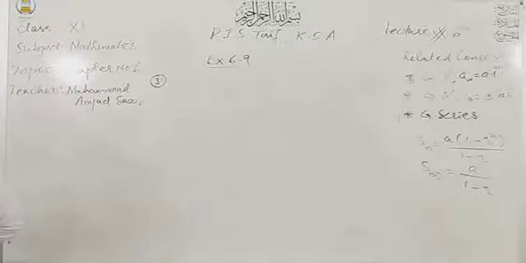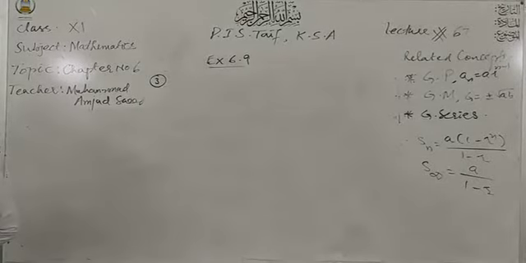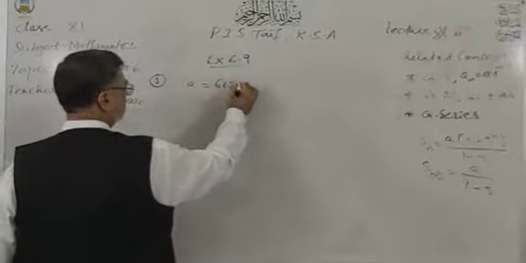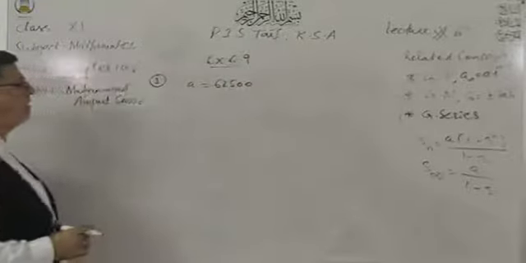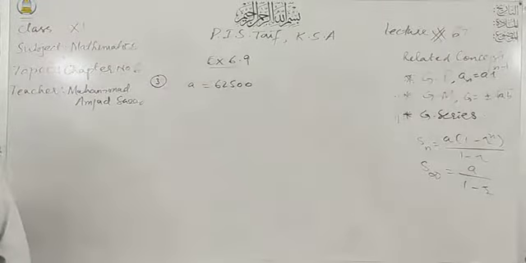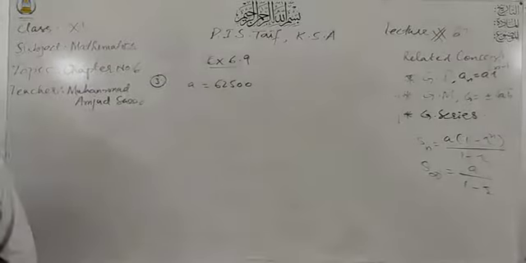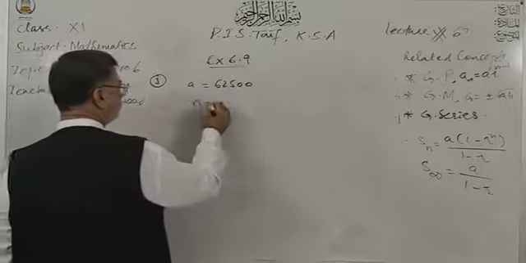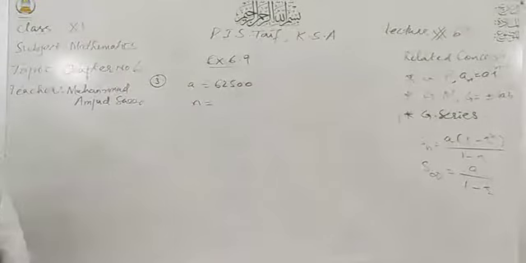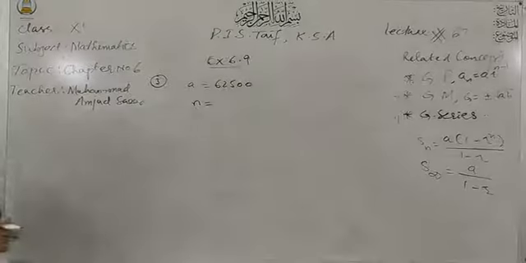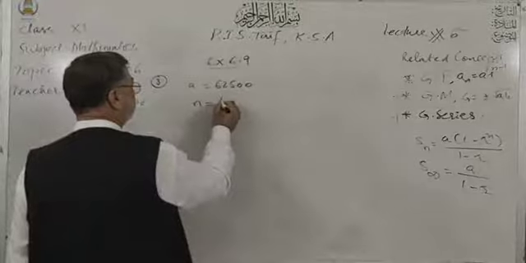So we have 62500 at the start of the question. And this asks what will be the population after 3 years. We will take n is equal to 4.